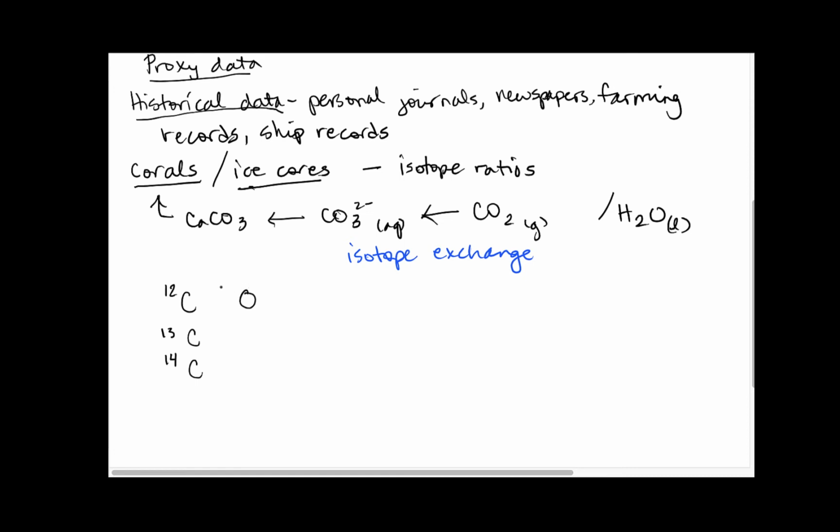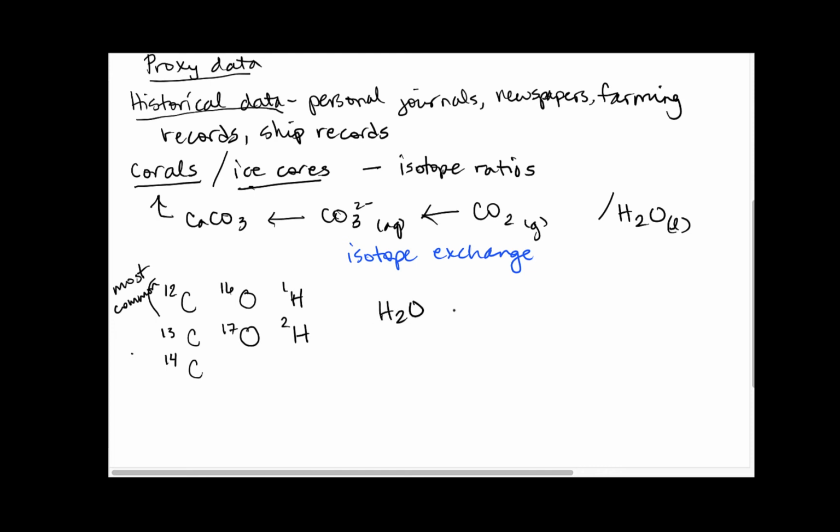For oxygen, we have oxygen-16 as the most common, and then we have oxygen-17. I think there's an oxygen-18 that's also radioactive. But anyway, these are the main ones that we are looking at. And then hydrogen, our most common isotope is hydrogen-1, and then we also have hydrogen-2 as one of our possible isotopes.